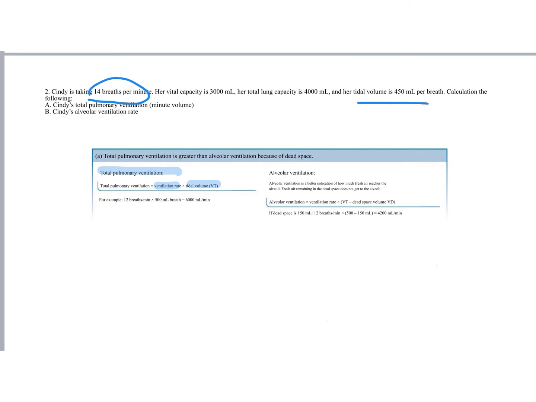All right, now let's look at letter B. What is her alveolar ventilation rate? In order to determine the alveolar ventilation rate, you take the ventilation rate, which again is still 14 breaths per minute, and now you take the tidal volume and you subtract the dead air space. The average dead air space is 150 milliliters.